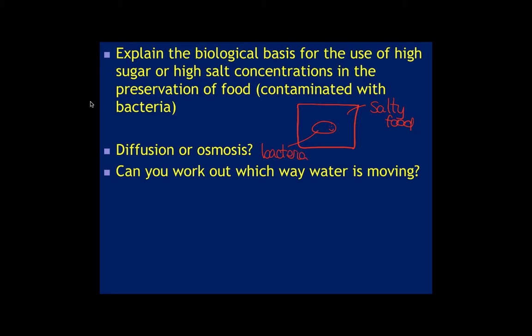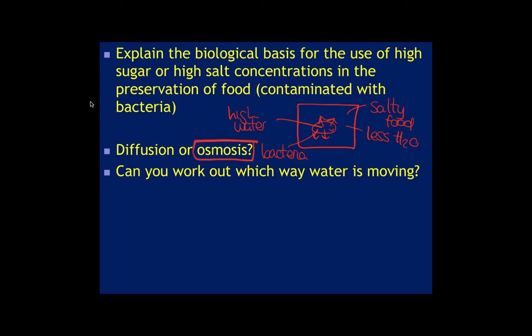So if there's salty food, it's more concentrated, which means there must be less water here. It means there must be high water in here. And what happens is the water leaves the bacteria and the bacteria will shrivel and will die. Okay, and osmosis is how this works.